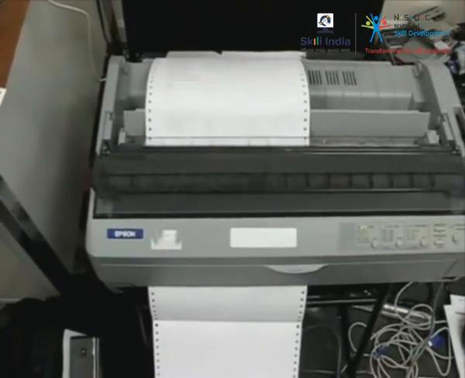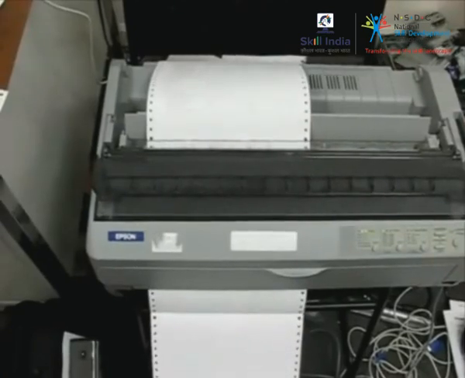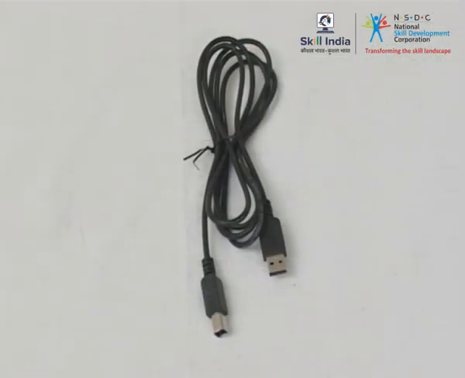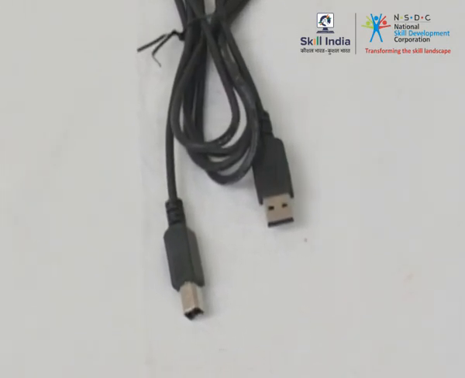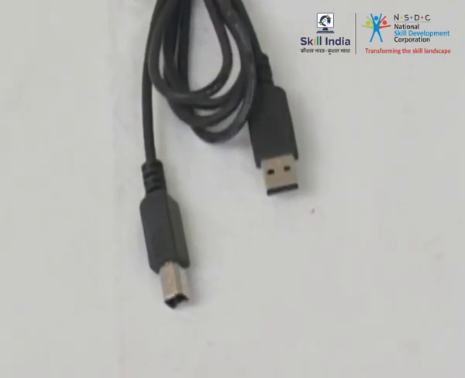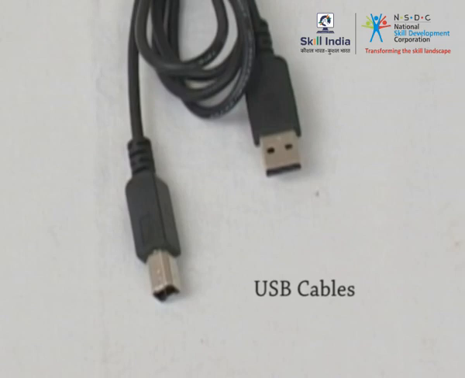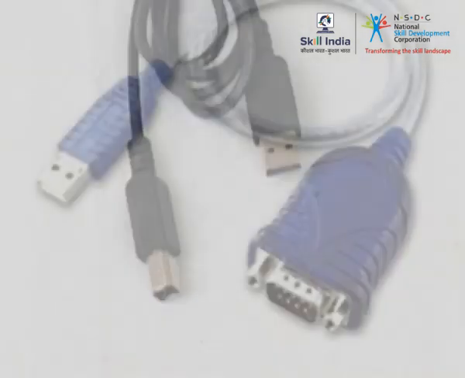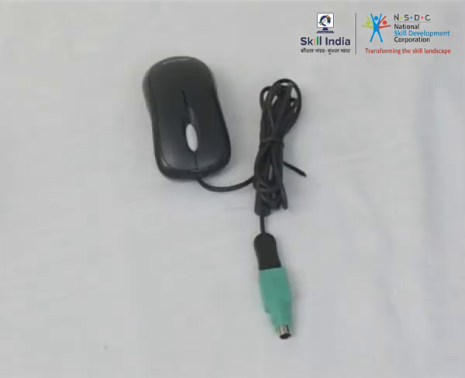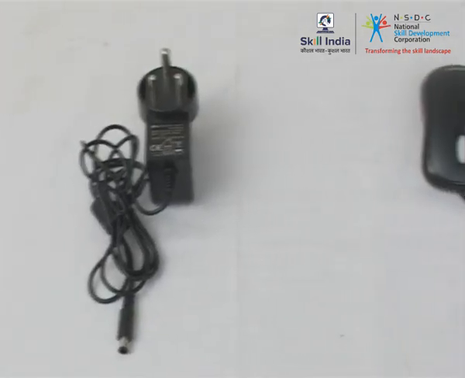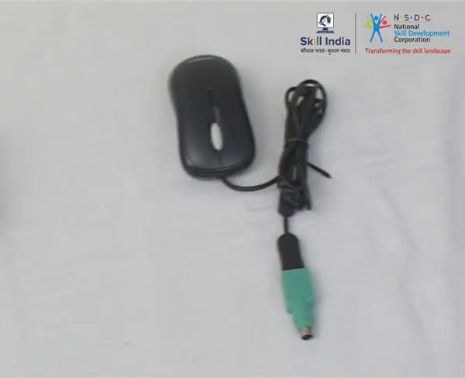We will learn printers in detail in coming sessions. This is the USB cable which is used with digicams. There are a few other cables also. We will learn about those cables in the coming sessions.